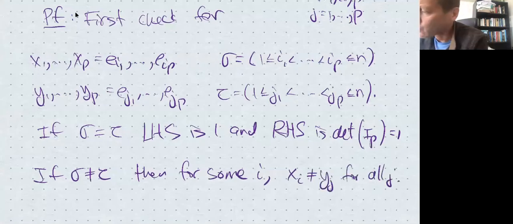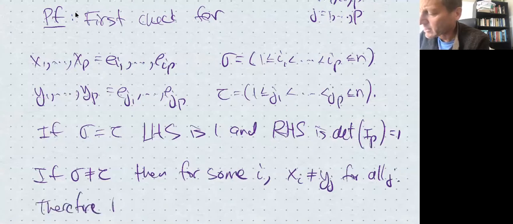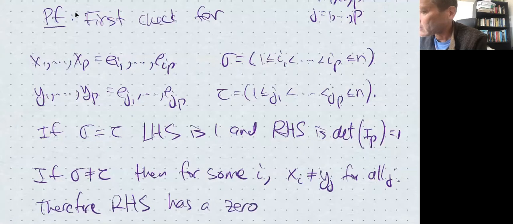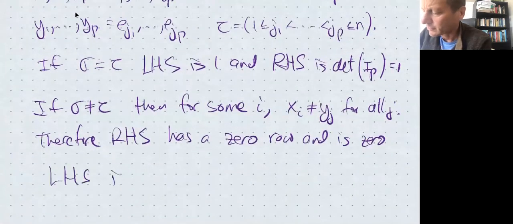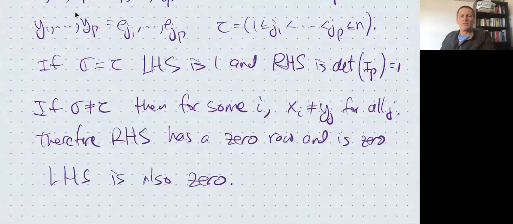In other words, one of the indices appearing here does not appear here, and therefore the right-hand side has a 0 row and a 0 column, and the left-hand side is also 0. So in this case, the statement is true.